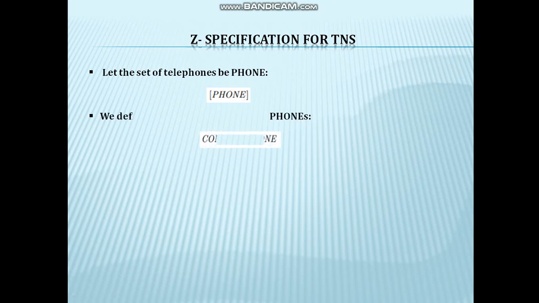Next, we define a connection to be a set of phones. To do so, we make connection equal to the power set of phone. Here the power set is taken, which means that a connection can have 0, 1, 2 or more phones.